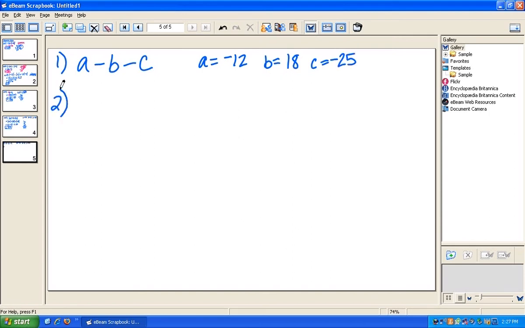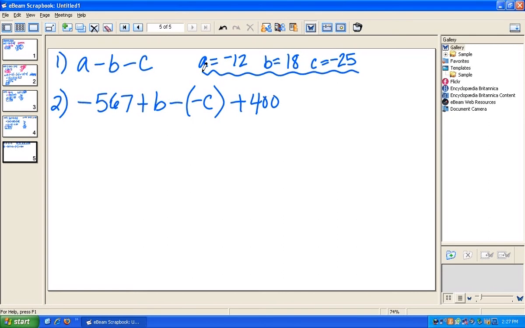Number 2 is negative 567 plus B minus a negative C plus 400. And use these values as well for problem number 2.